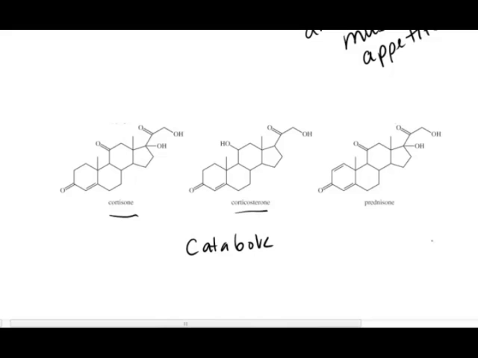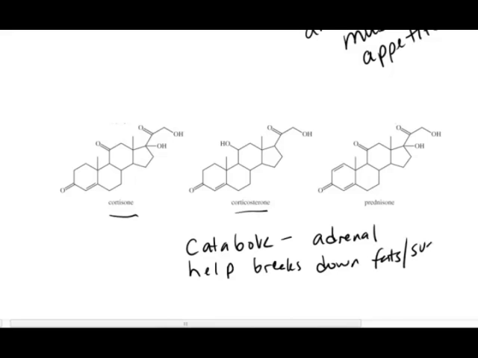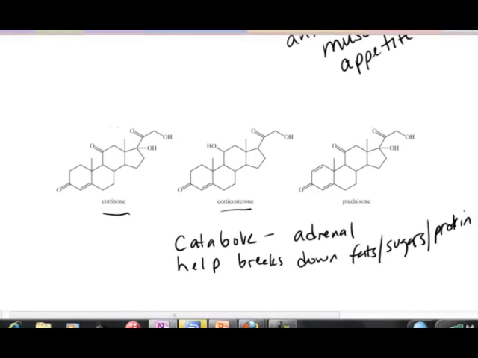Catabolic steroids are released from the adrenal glands, which are little glands on top of your kidneys, and the purpose of them is to help break down fats, sugars, and proteins, for that matter. Okay, that's the body's main purpose of these cortisone type or cortisol type steroids.